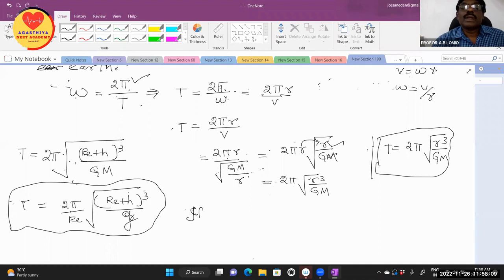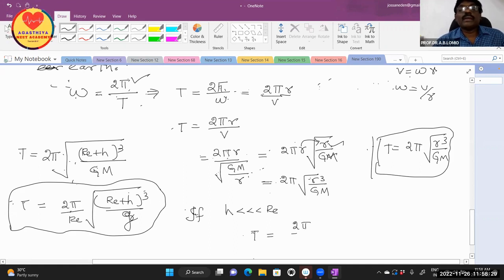Suppose the satellite is launched close to the surface of the Earth. The H is negligible when compared to the radius of the Earth. Therefore, here also the H is equated to 0. Therefore, 2 pi root of RE cube divided by g.